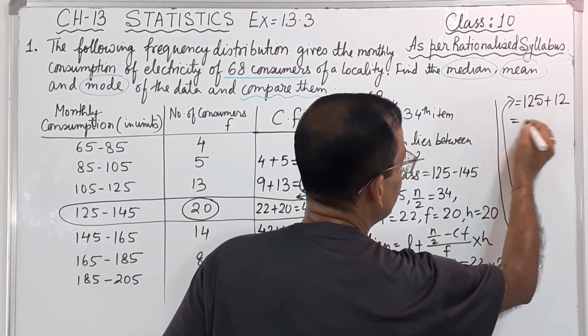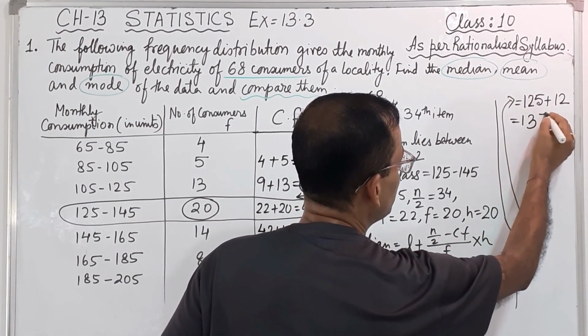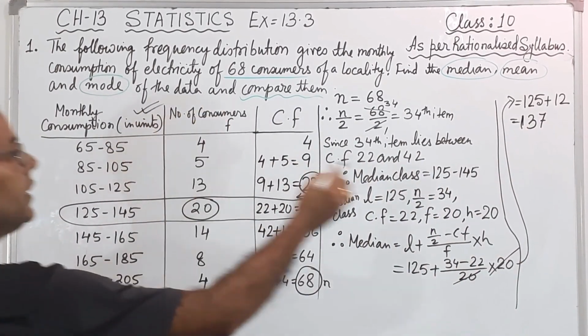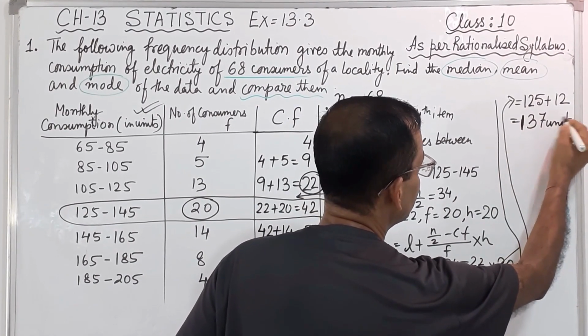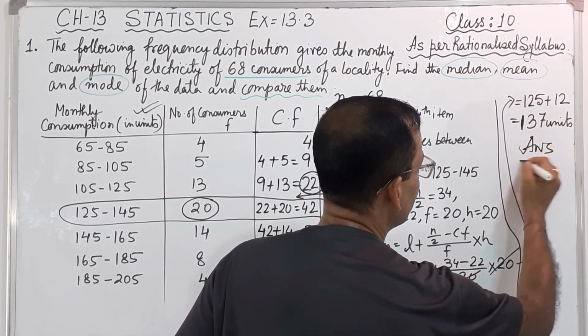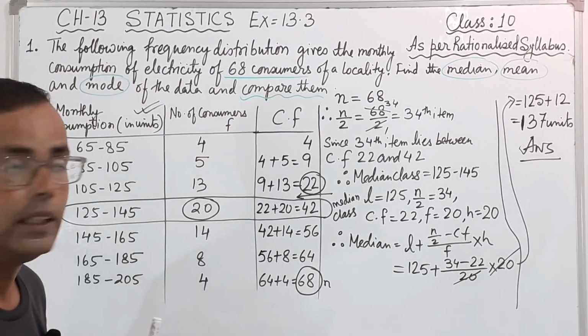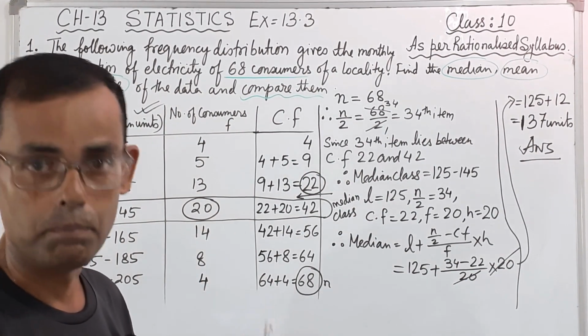And when you add it, 125 and 12 is how much? 137. And the answer we will make in units. So 137 units, and this is the answer for the median. So I hope you have understood how to find out the median.